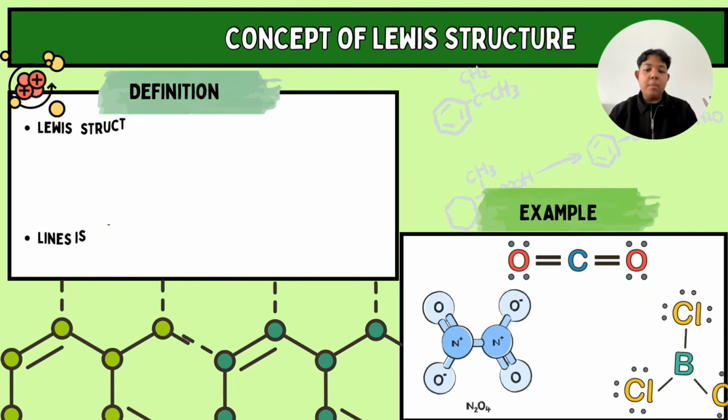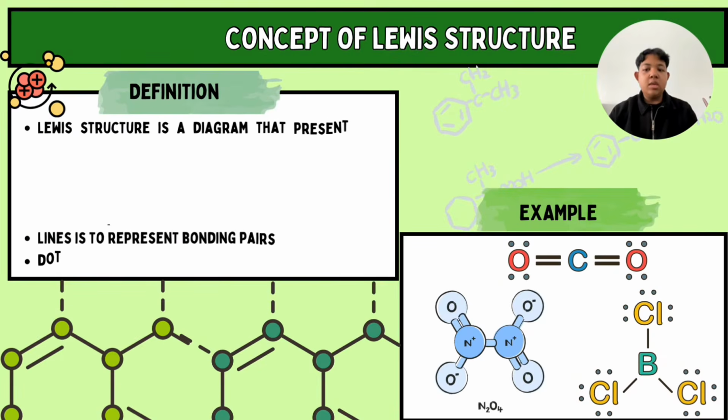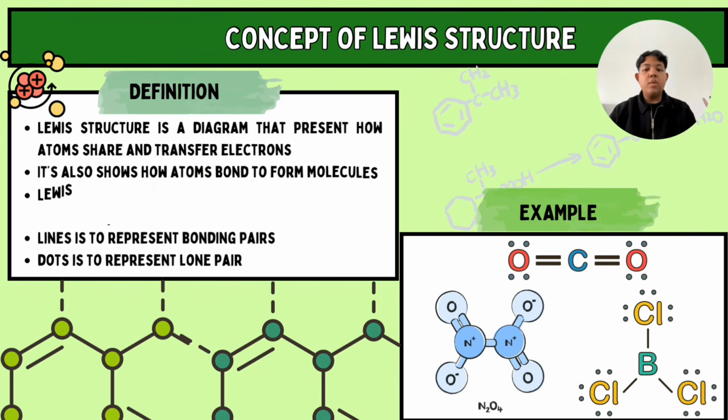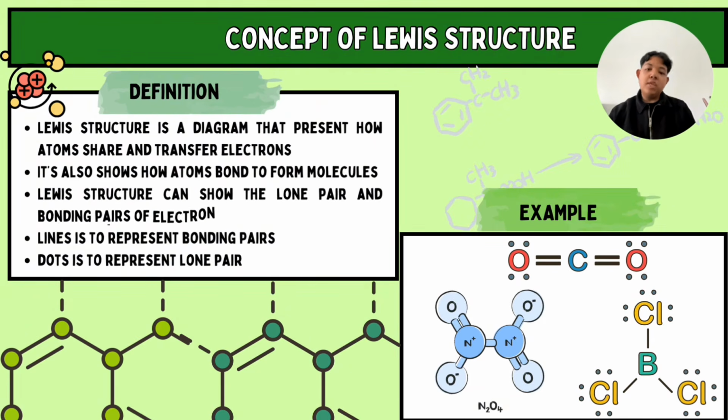Now let's take a look at the concepts of Lewis structure. A Lewis structure is a diagram. It is used to show how atoms share or transfer electrons when forming molecules. It helps us understand how atoms are bonded together and how molecules are formed. In a Lewis structure, the electrons are divided into two types, which are bonding pairs and lone pairs.